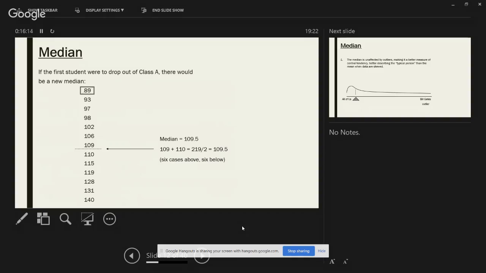Then we sum these two values and divide by 2 to find the median value here. Our sixth value is 109 here, and our seventh value is 110. So we sum these two values and divide by 2 to get the median. So this is how you calculate the median or the middle value for the numbers we have.